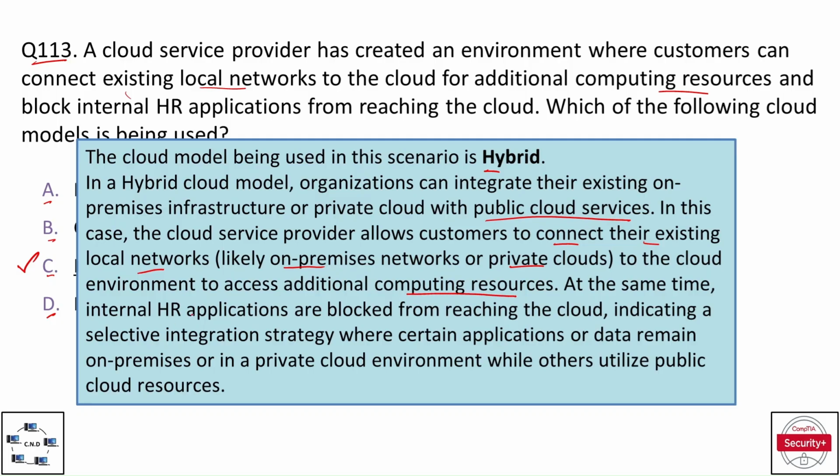At the same time, internal HR applications are blocked from reaching the cloud, indicating a selective integration strategy where certain applications or data remain on premises or in a private cloud environment while others utilize public cloud resources.